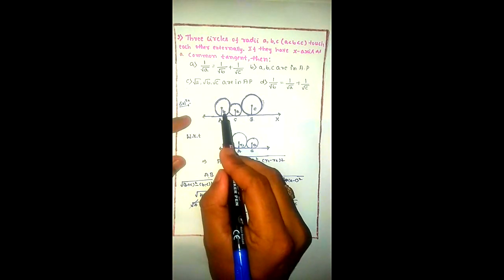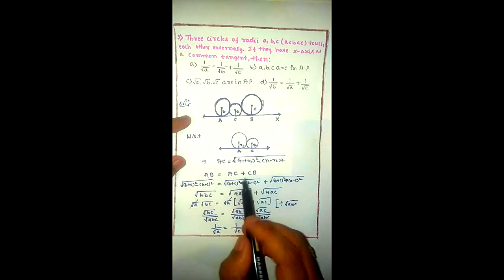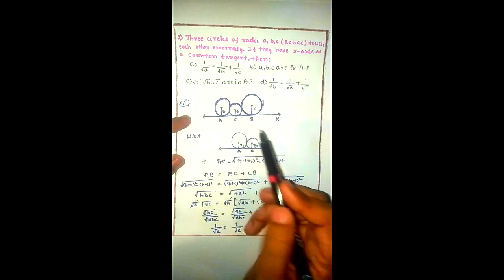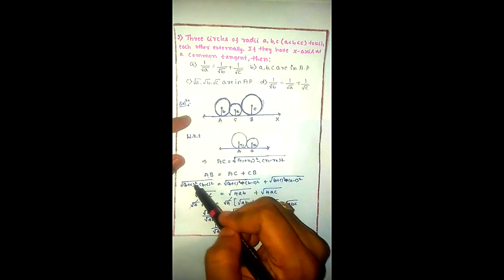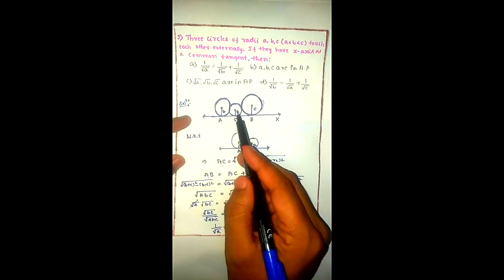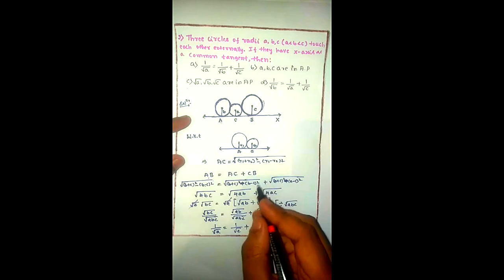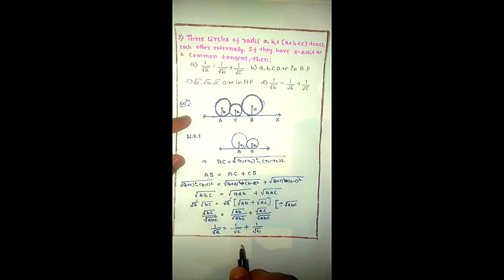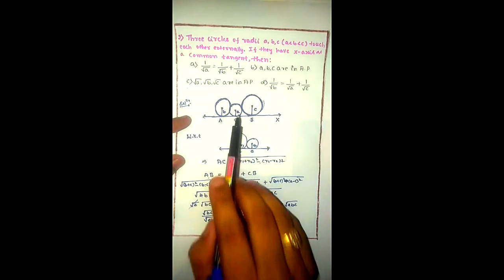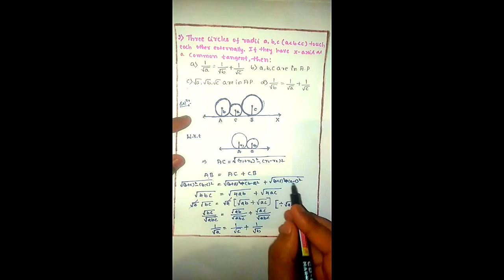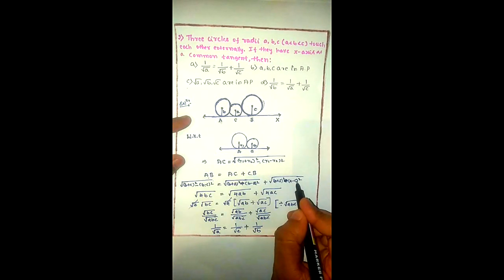AC is nothing but radii B and A, so (B plus A) whole square minus (B minus A) whole square. CB is nothing but radii A and C, so (A plus C) whole square minus (A minus C) whole square.